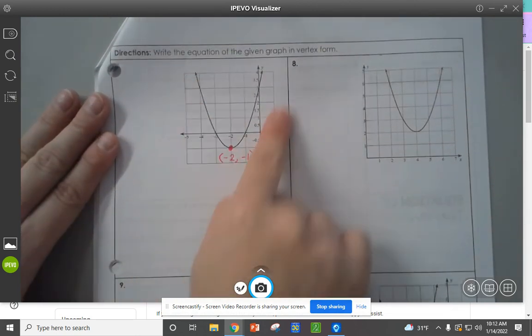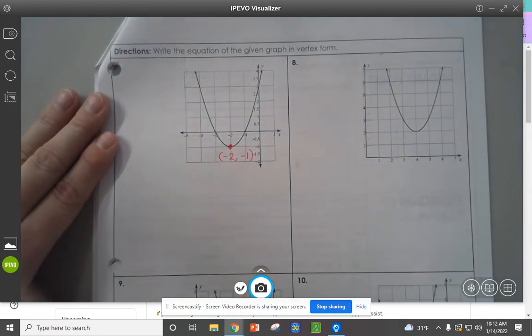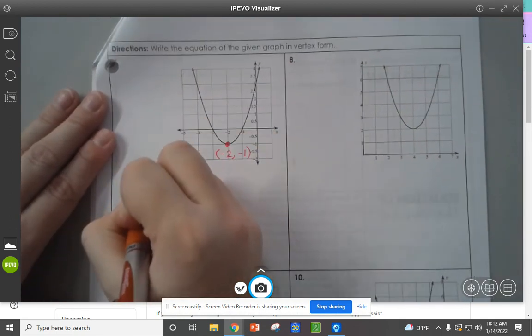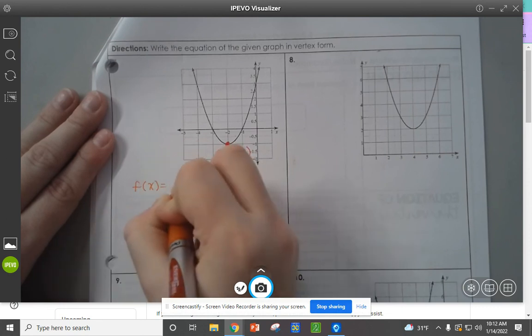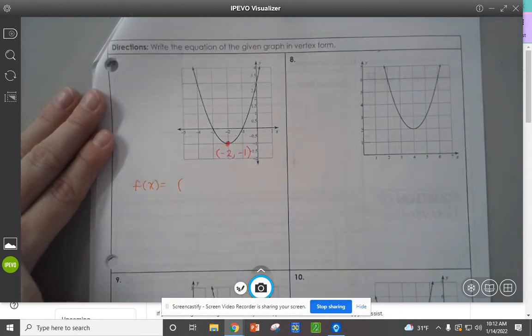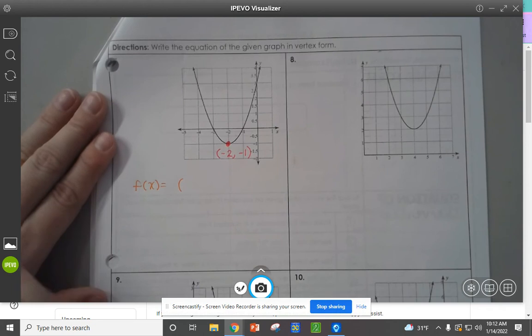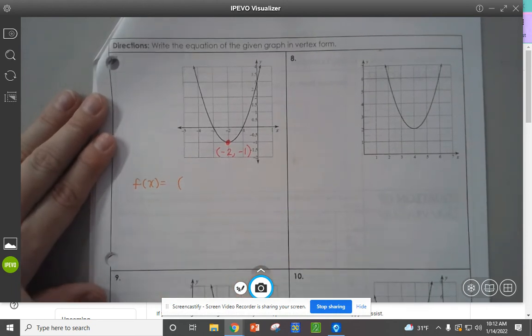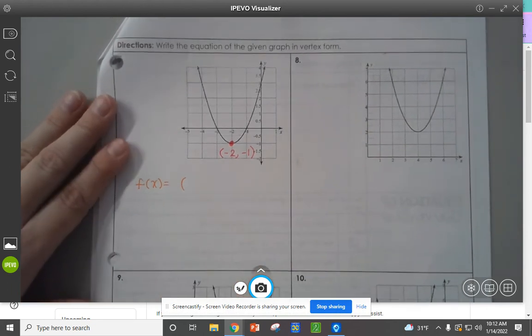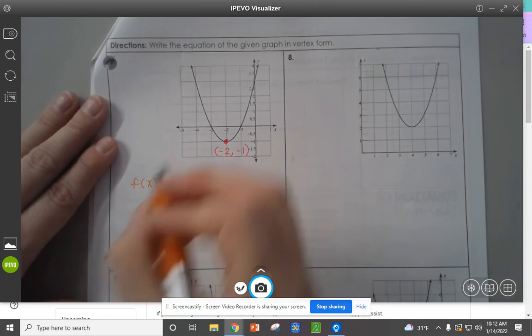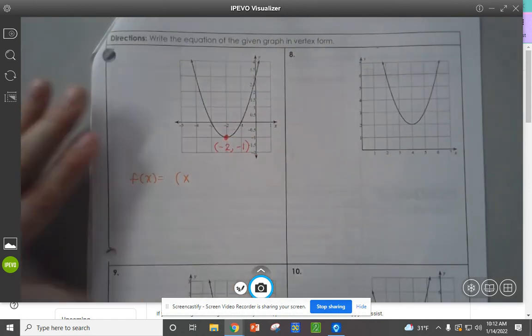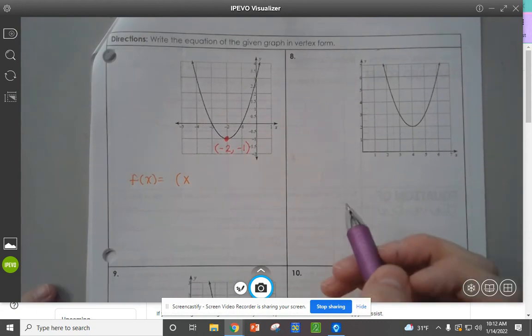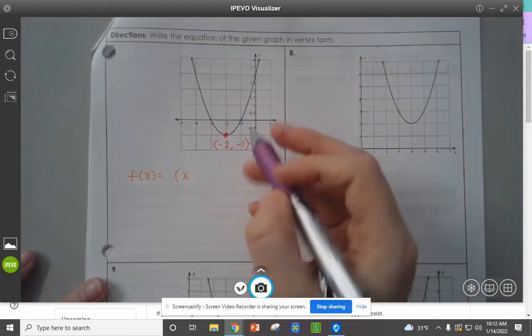Now it does point up, so when I write my equation, we're going to leave it positive there. If I had made it point down, we would have put a negative in the front. But it points up. So we always start with x, and then I have to pull from my vertex.